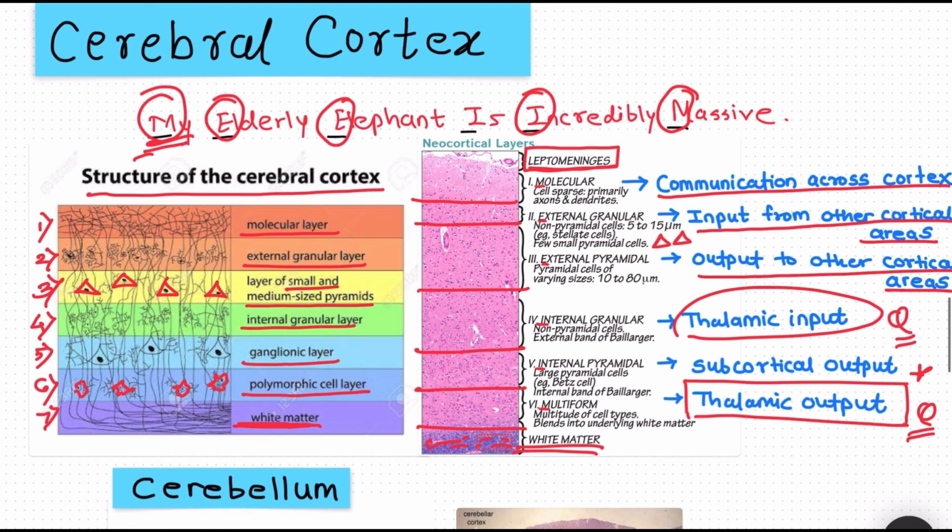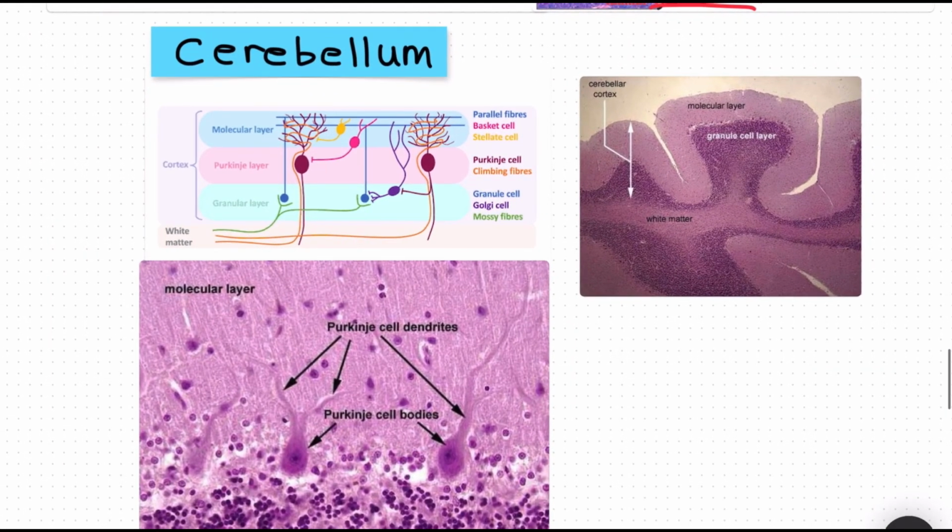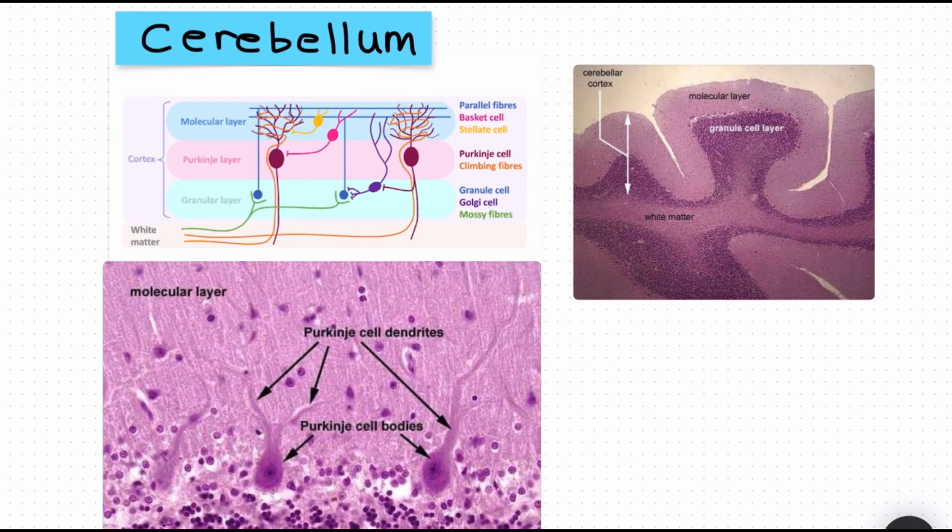Now let's see what are the layers of cerebellum. Cerebellum has three layers. First one is granular layer, second one is Purkinje layer, and third layer is molecular layer. There are cells in each layer, and those cells are specific to that layer only.